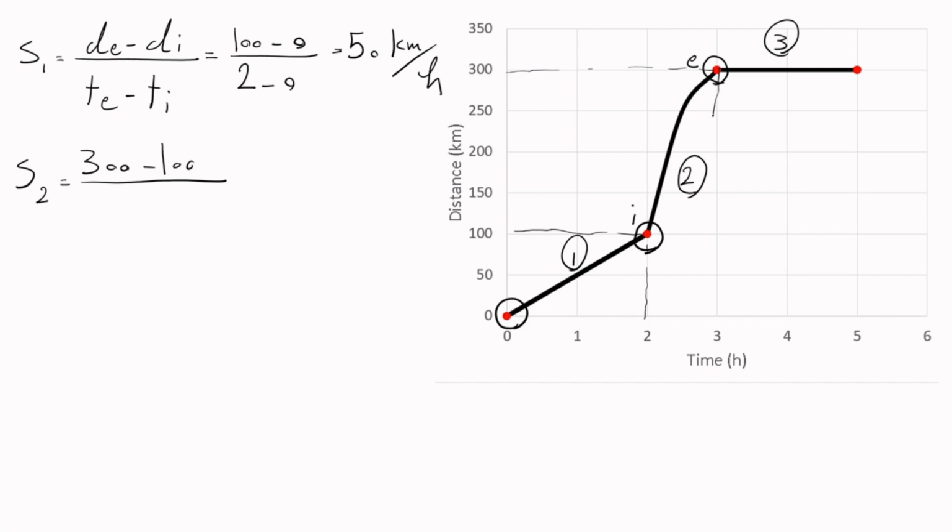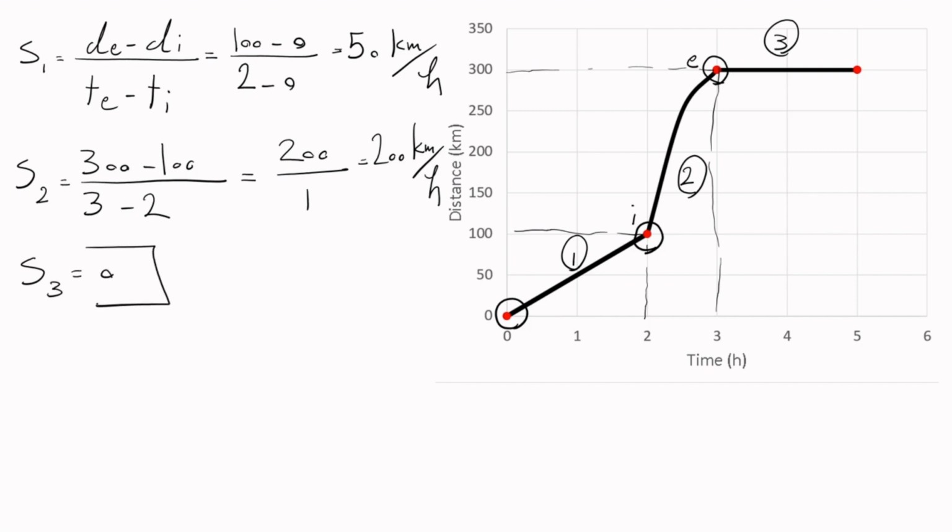When we talk about time, 3 minus 2. So it's going to be 200 over 1, which is 200 kilometer per hour. And for the third part, as I told you, because we have horizontal line, the average speed would be 0. And I taught you in the first example how to calculate that.